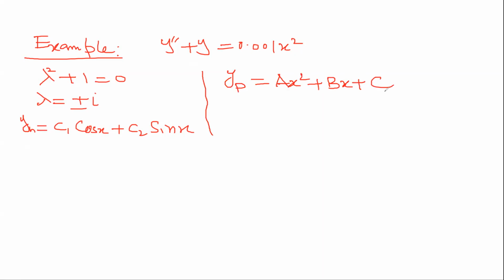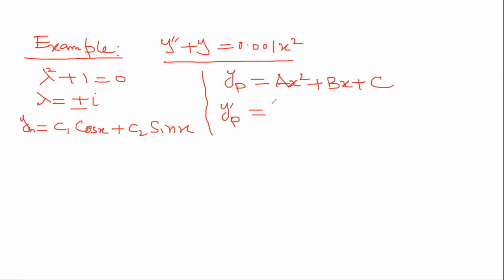For determining the values A, B, and C, we will need to compare the coefficients on this differential equation on the left and right hand side. So we need to find the y double prime and y values. So yp, and from yp we can determine the value of y prime p.